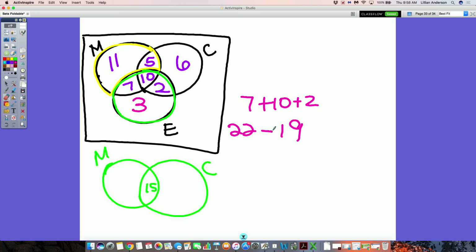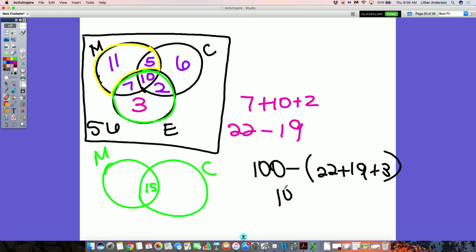So when you add 11, 5, 6, 7, 10, 2, and then add 3, how many study none of those subjects? 56. Because then that would be 22 plus 19 plus 3. Very good. Questions?